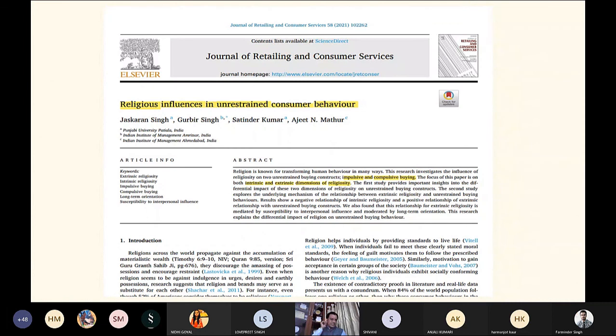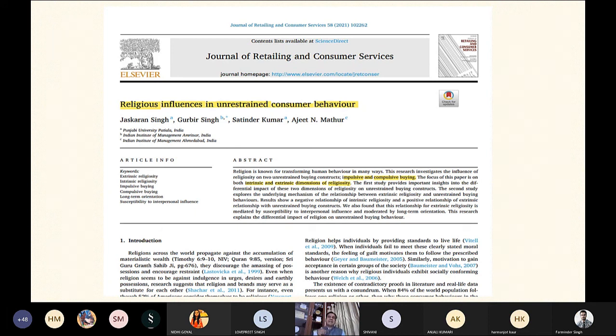Say, for example, in this case, one of the best papers that we have is in an A category journal having a high impact factor: religious influence on unrestrained consumer behavior. In this case, impulse buying and compulsive buying, two concepts, were taken by us, and we tried to find out the relationship of religiosity with consumer behavior.